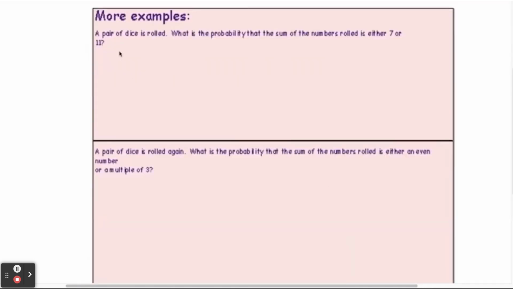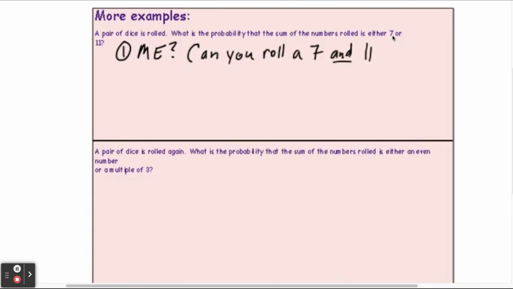All right, so it says a pair of dice is rolled. What is the probability that the sum of the numbers rolled is either a 7 or an 11? Okay, so first thing you want to ask yourself is, are these two events mutually exclusive? So if you roll two die one time, can you roll a 7 and 11?